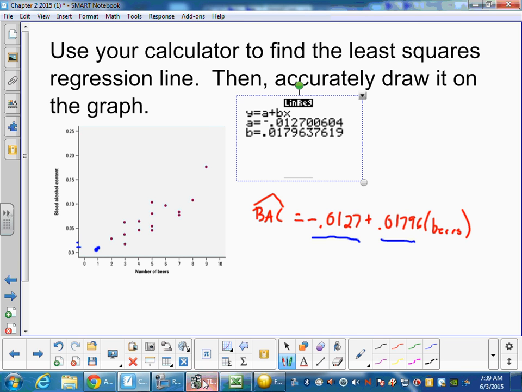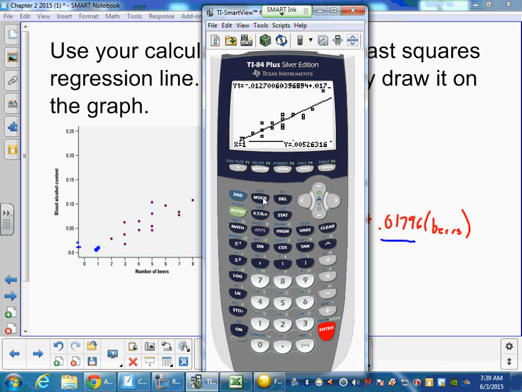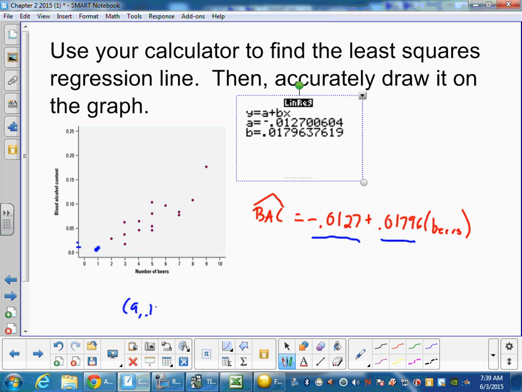And now if I want to do 10, I do that again, second trace, which is calculate, value. If I have 10 beers, oops, let's do x equals 9. 10 was off the screen. So 9 beers, that's 0.148. So 9 is 0.148, right up here.